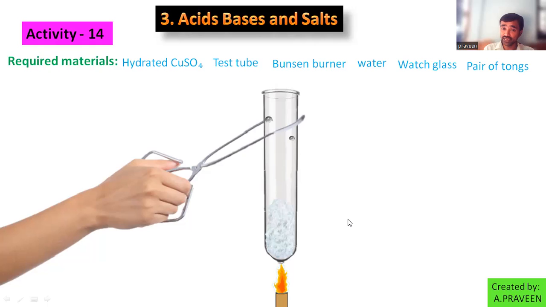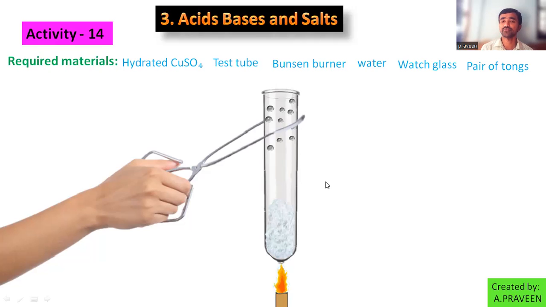While it is turning, you can see a few water droplets formed on the inner walls of your test tube. How do you get these water droplets on the surface of the boiling tube? This is because of the water vapor released from the blue colored salt. When the water is released from the blue colored salt, it turns white in color.